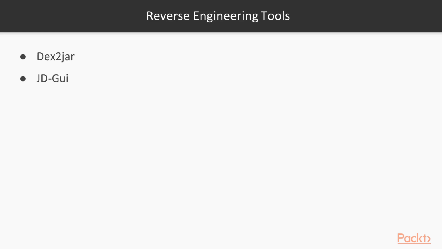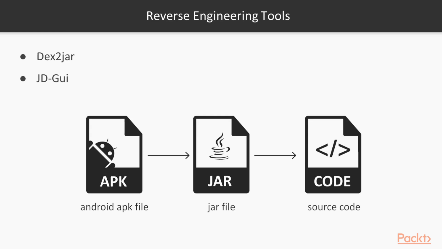What is the use of the first tool, the dex2jar tool? The dex2jar tool basically converts an APK file into a jar file, right? This was the first process, that it converts your APK Android file into a jar file. And then finally, when you get the jar file, by using the jd-gui tool it can be converted into the source code files where I can check the source code available in the application.